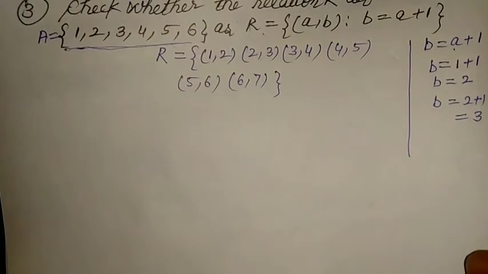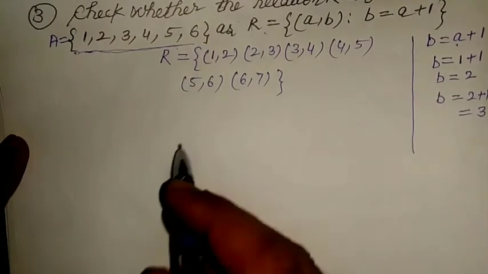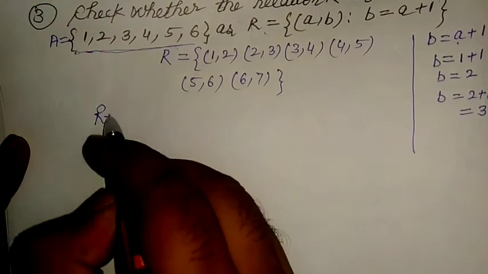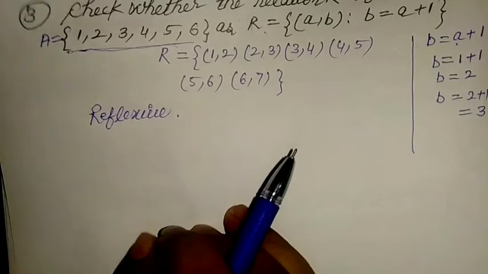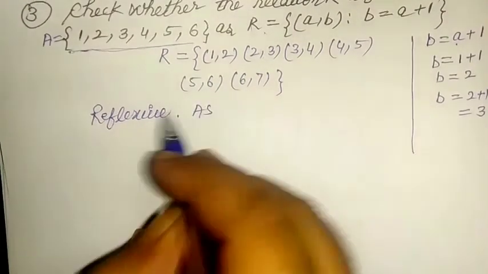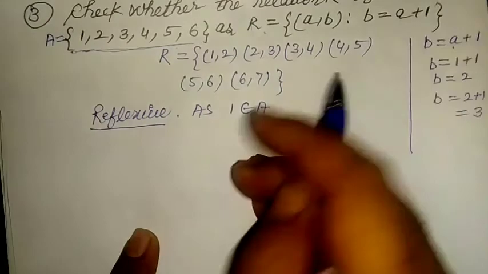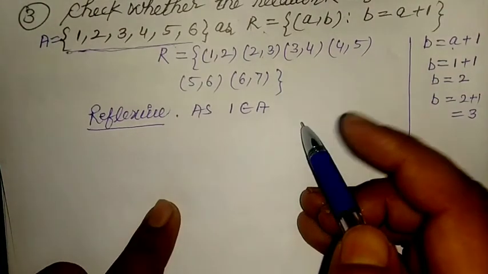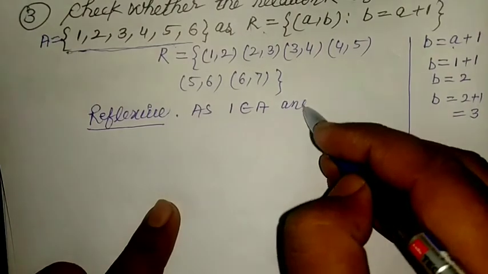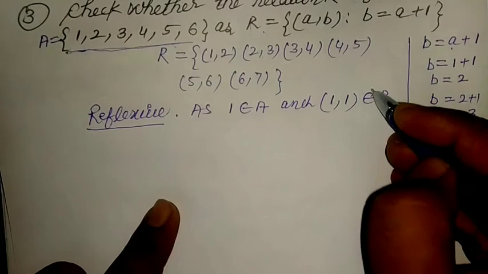Now first we will check whether it is reflexive or not. So, as 1 belongs to set A, (1, 1) does not belong to the relation.